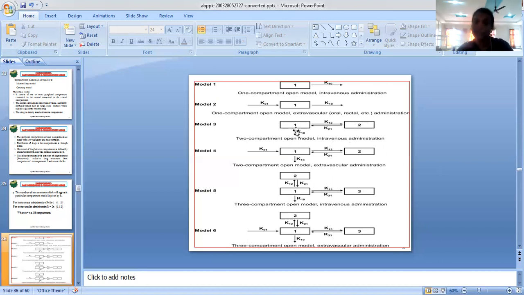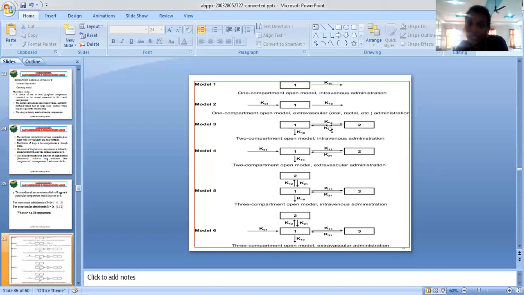Other than the central compartment, depending upon the number of compartments, they can be designated as peripheral compartment 1, peripheral compartment 2, 3, like that. This is the 2 compartment model. Since it is intravenous administration, there is no absorption rate constant, and it can be explained by 3 rate constants. K10 is the movement from the central compartment to the external environment.